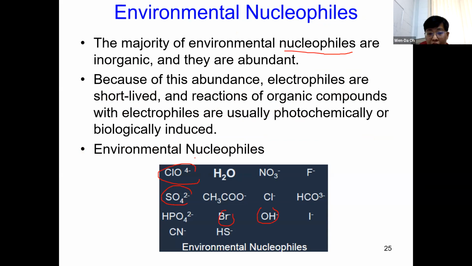All these are negatively charged. Nucleophiles like to attack electrophiles because nucleophiles are negatively charged. They like to go to the positively charged to balance out. So these are the reasons why we see that reaction always happens due to one nucleophile attacking another electrophile.